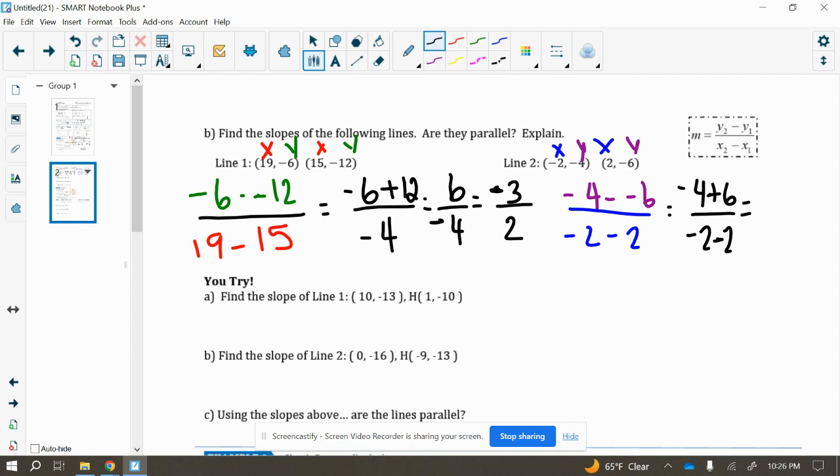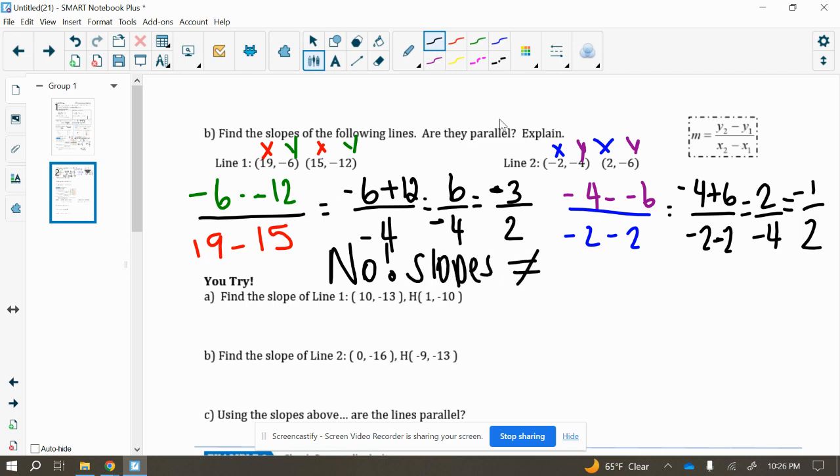That would end up equaling -4 plus 6 is 2 over -4. And again, this time we are going to reduce to be -1/2. So what we see on this one is, again, would these slopes be parallel? The answer is no. The slopes are not the exact same. So we cannot say that our lines are parallel.